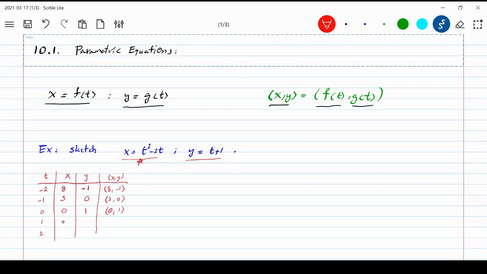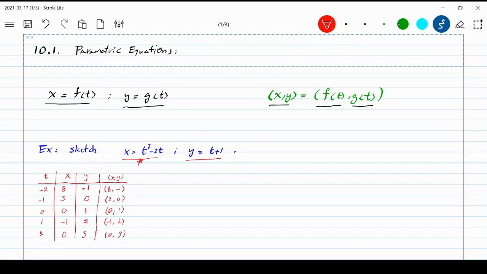Let's try 1. 1 gives us -1 for x, and y would be 2. So we have -1 and 2. And if we pick t to be 2, then x is 0, and the y value would be 3.